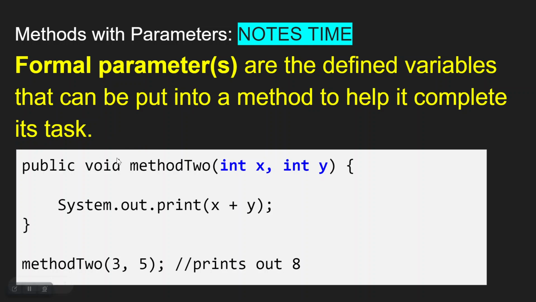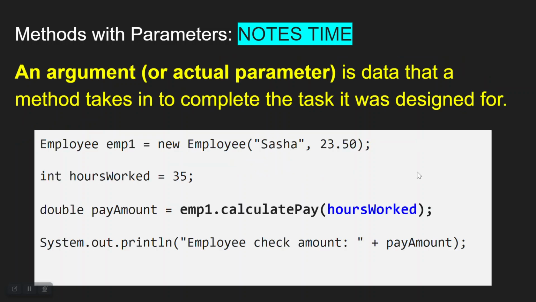So public void method2, int x, int y, these are what we would refer to as formal parameters. And they are the defined variables that can be put into a method to help it complete its task. So formal parameters are what we call these things when we are referring to them in the method definition and specifically in the method signature.